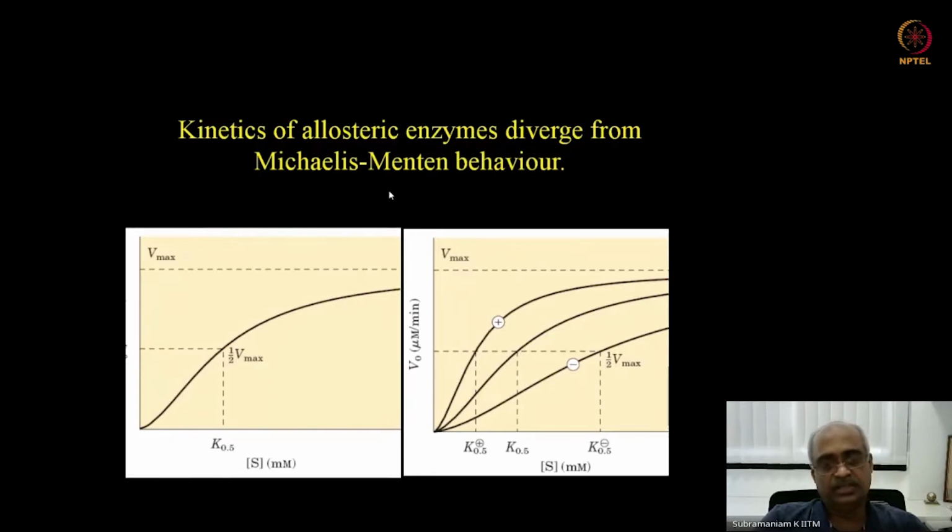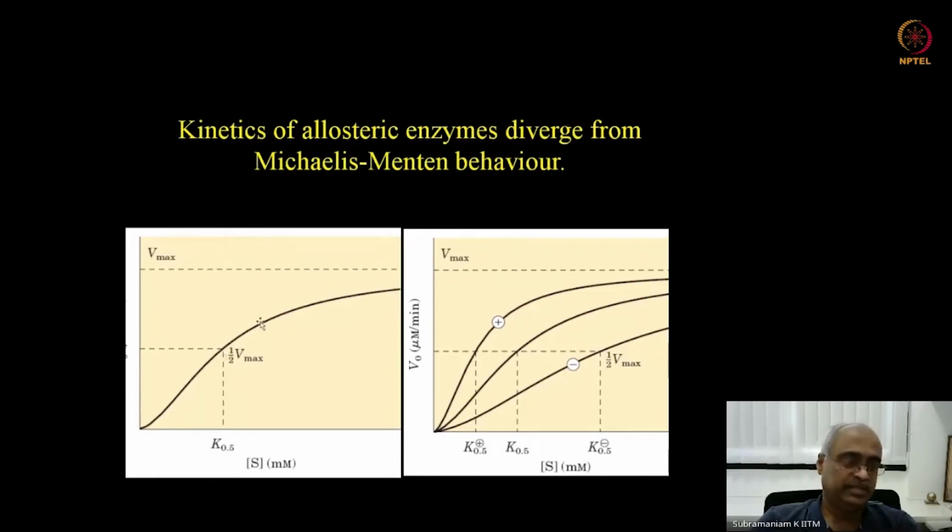As a result, the initial substrate binding leads to a significant increase in the rate of the reaction, because the binding to the other subunits is increased by this.